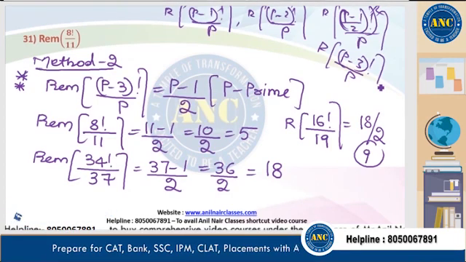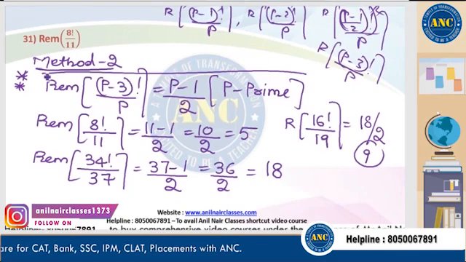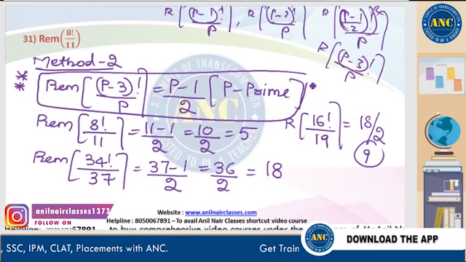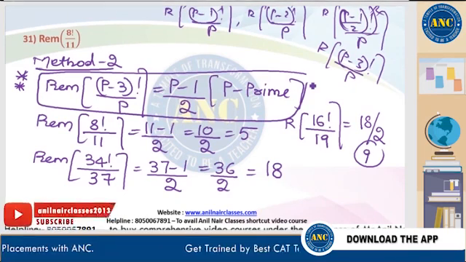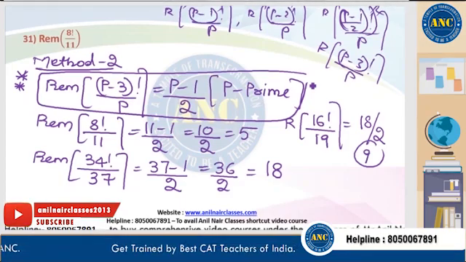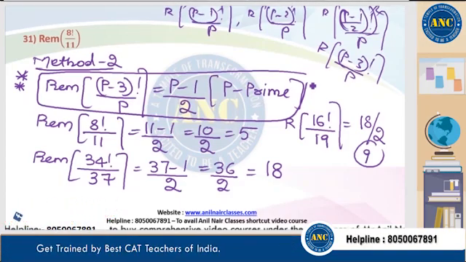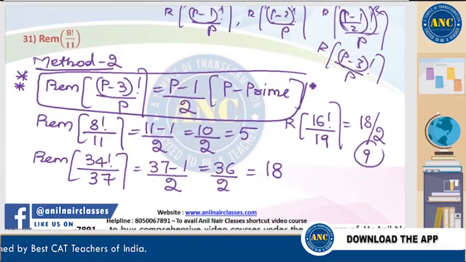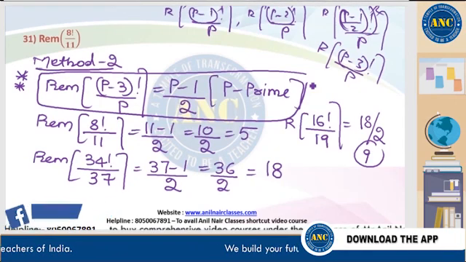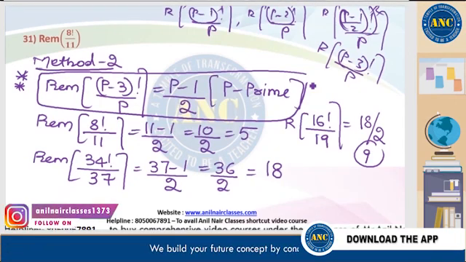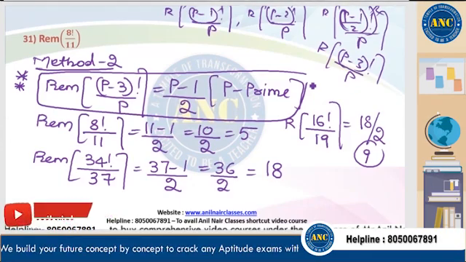The remainder when (P minus 3) factorial is divided by P is directly (P minus 1) by 2 when P is a prime number.